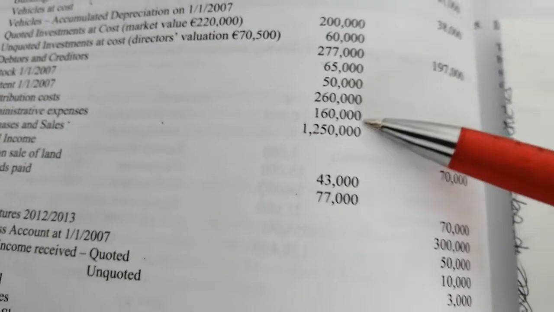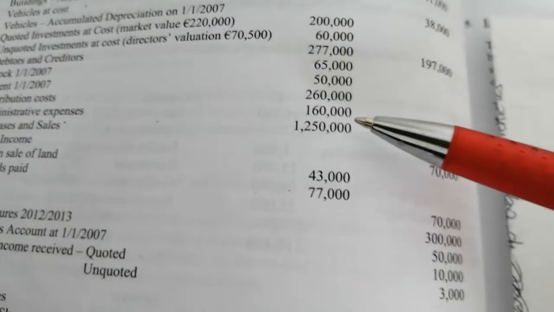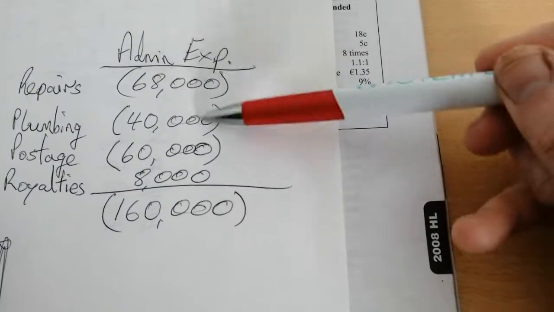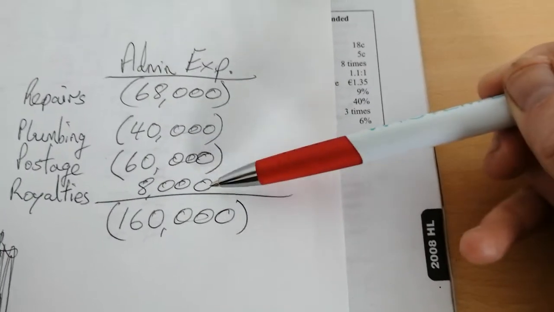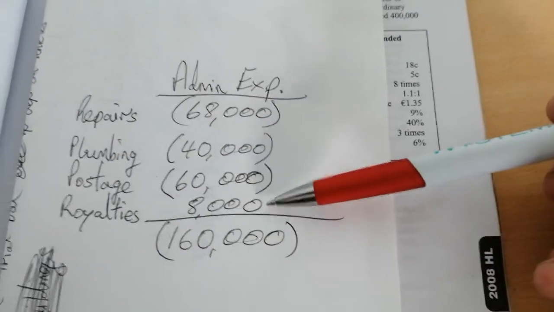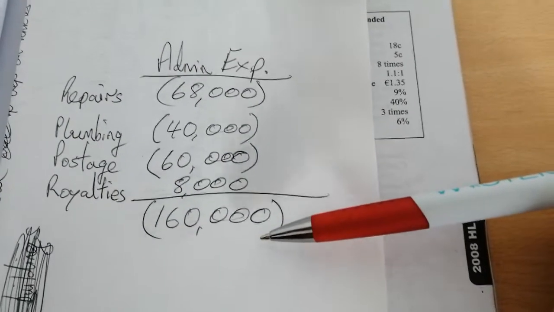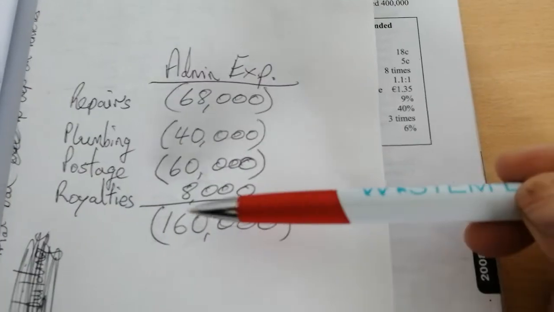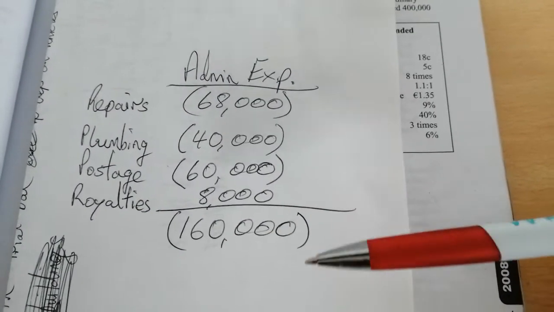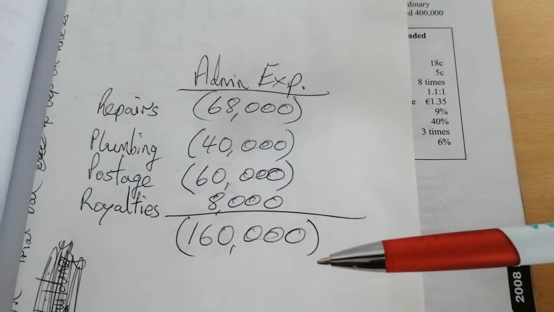We know it's a minus figure even though it doesn't show as a minus here because it's an expense. Because you added a plus onto a whole bunch of minus figures in order to take it away from the admin expenses, we actually have to add 8,000. It's like we're adding a minus 8,000 onto a minus 160 in order to get back to what the admin expenses figure ought to have been in the first place.